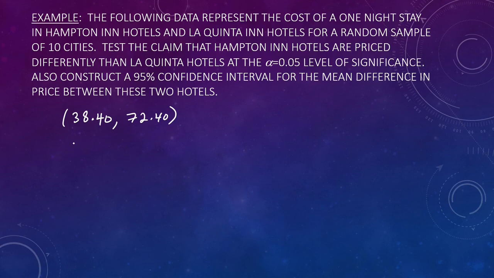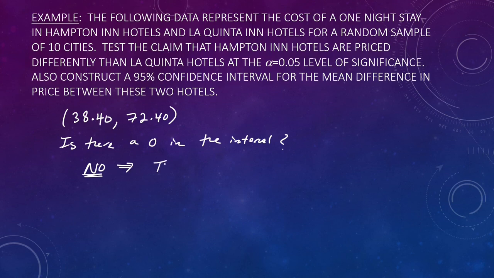Now the next question that I need to ask myself is, is there a 0 in the interval? Since both of these numbers are positive, we know there is no 0 in the interval. That implies there is a difference.